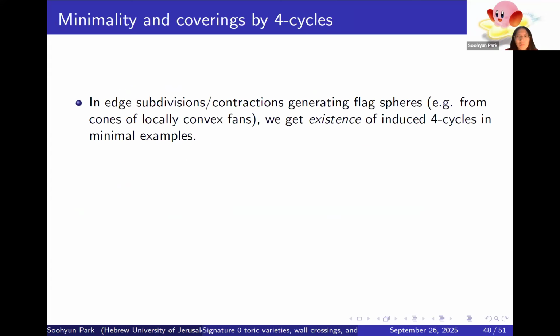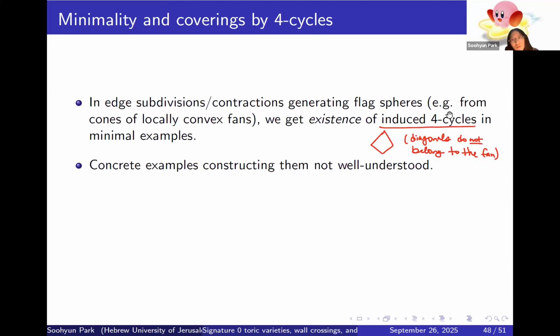To finish off, we'll go back to a theme that we discussed at the beginning of the talk. What was known about the structure of these minimal Planck spheres was that they're covered by 4-cycles. But both the proof that you have this blow up, blow down type thing from edge subdivision contractions and this 4-cycle statement were existence proofs, so it wasn't clear how you would produce these things.